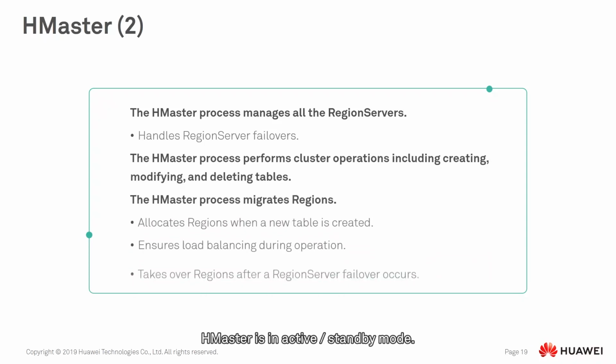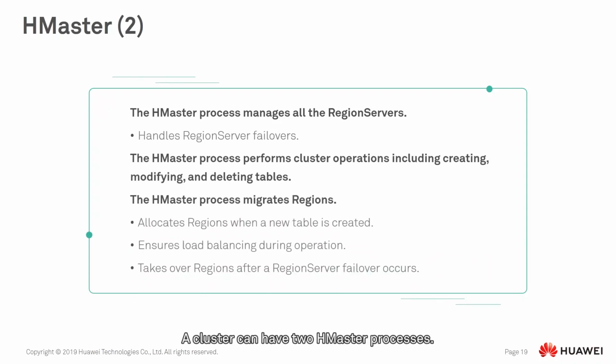HMaster is in active standby mode. A cluster can have 2 HMaster processes. When the cluster starts, the processes compete for being the active HMaster. There is only one active HMaster, and the standby HMaster process is in the waiting status and does not involve in cluster transactions when the cluster is running.